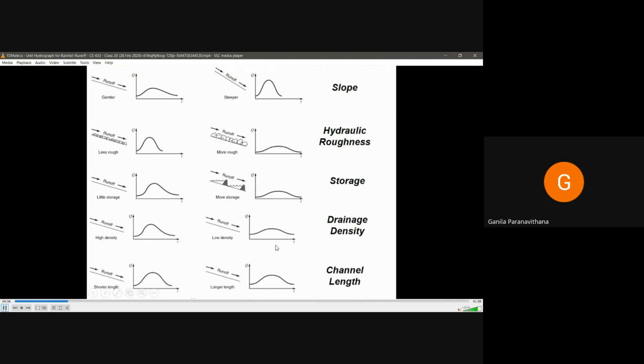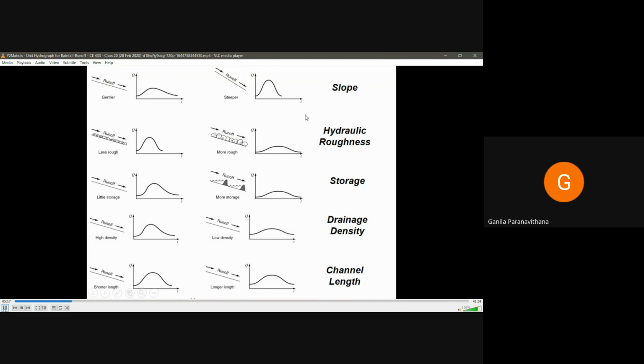And finally, the length of the channel has an effect as well, because even though the water is moving relatively fast in velocity terms once it gets into the channel, there's going to be a delay and more of that diffusion effect the longer the stream channel is. And so you'll see that some of these are more pronounced than others in terms of the effect that it has.